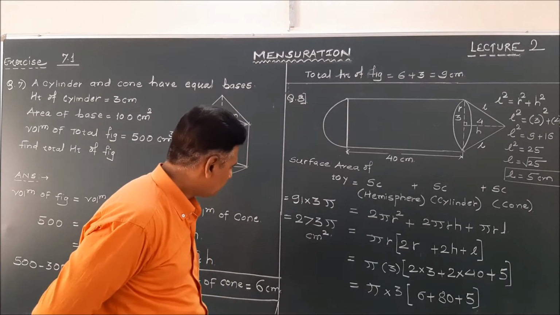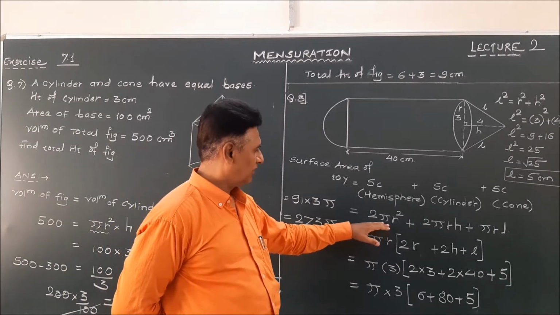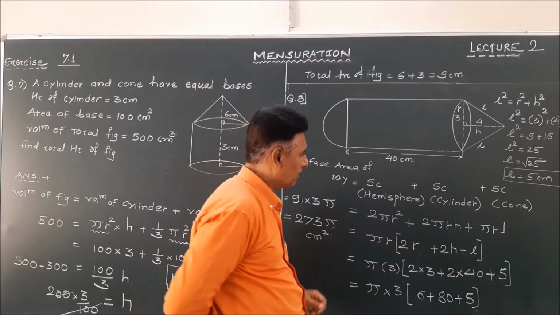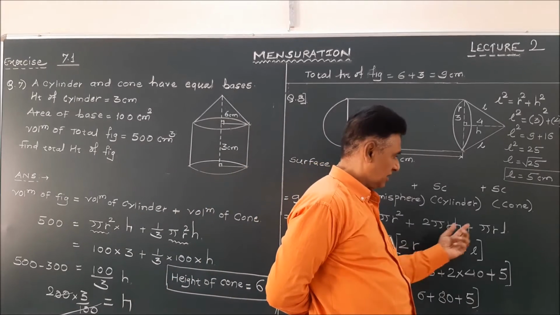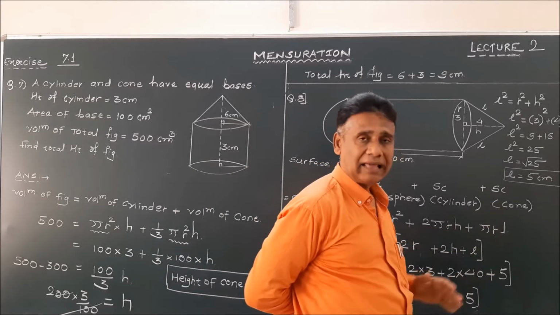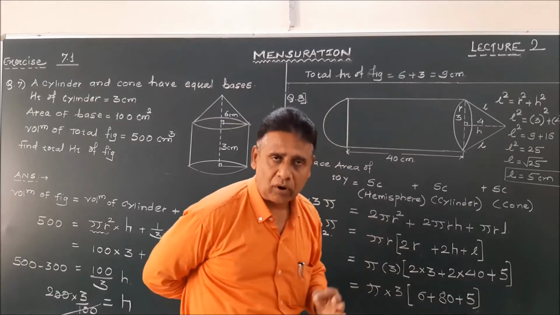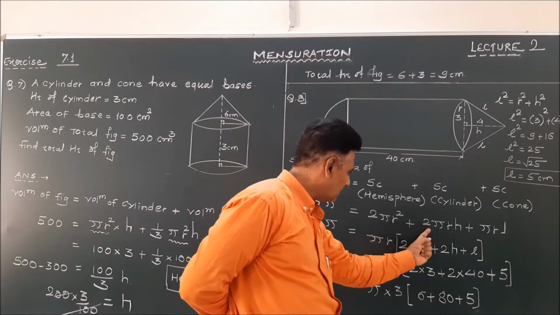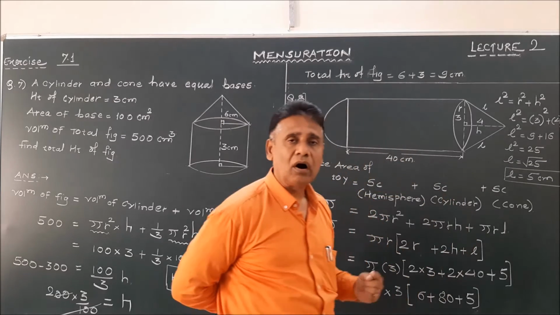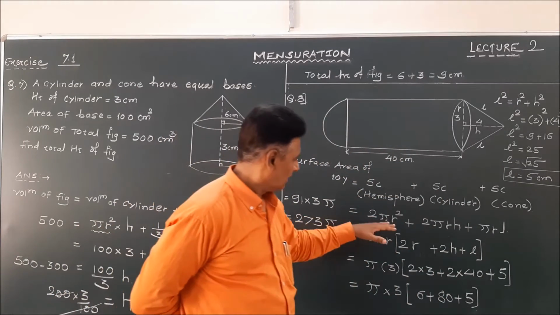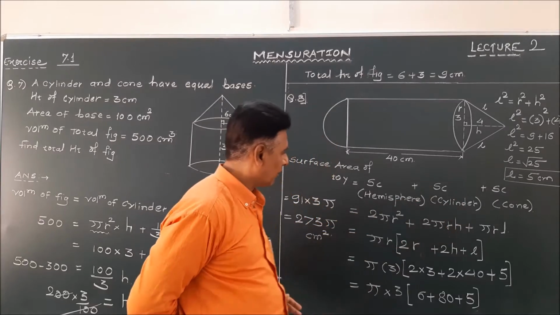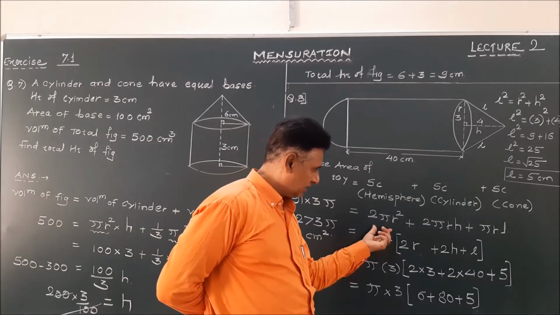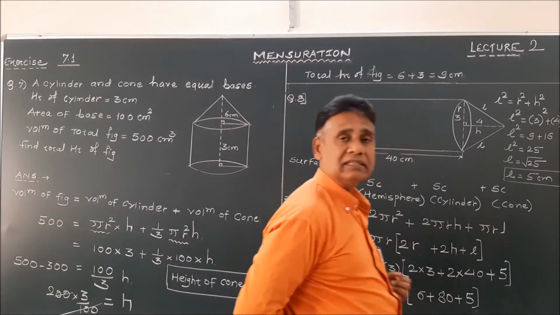Now let's see here. Formula for hemisphere is 2 pi r square. Cylinder is 2 pi r h, plus pi r l. Very important that you can take pi r as common from all these 3 quantities, because you will find that pi r is here, pi r is here, pi r is here.